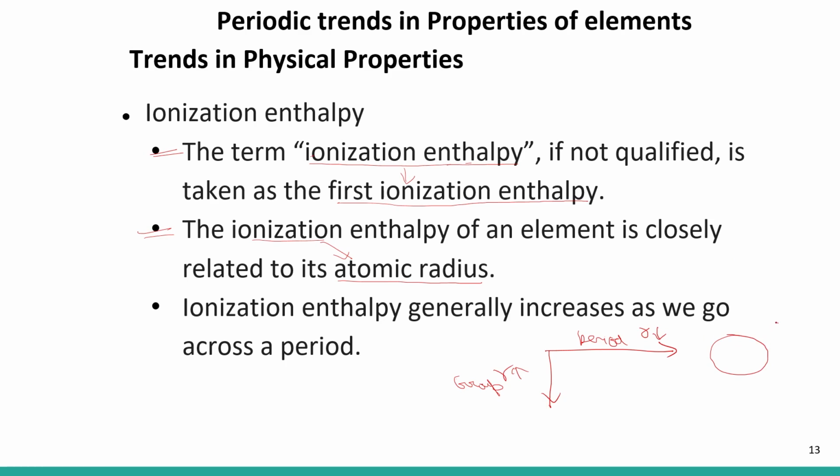As the radius is getting reduced, this electron will experience more force, due to the decreased atomic radii, and hence we have to apply greater force to remove this electron. Across a period, the atomic radii will decrease, but the ionization enthalpy will increase simultaneously due to decreased atomic radii. So these two are closely related.